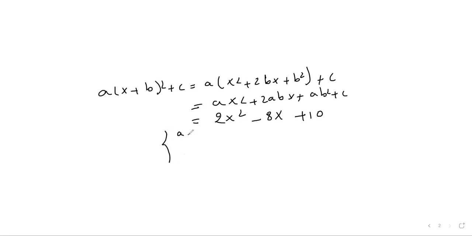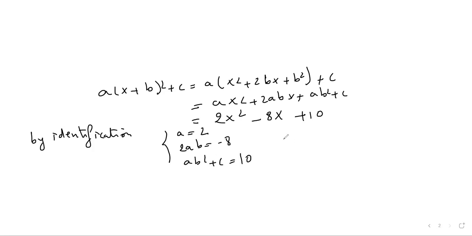So this will give you that a is equal to 2 by identification. 2ab is equal to negative 8, and ab squared plus c is equal to 10.